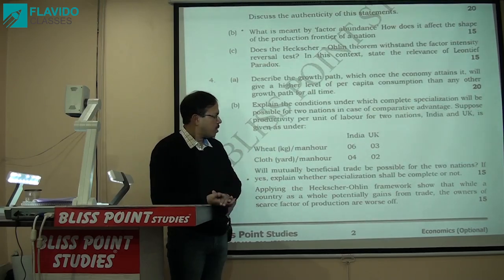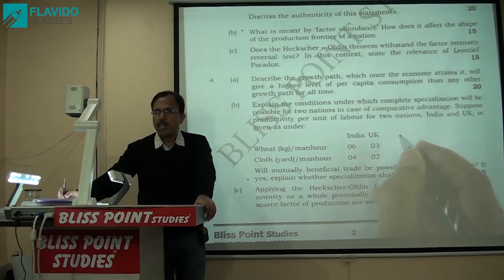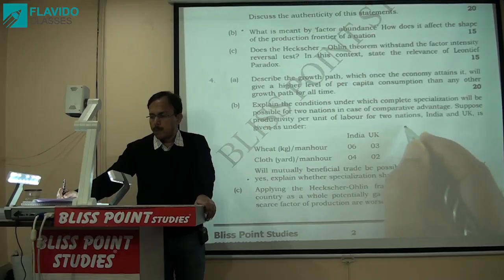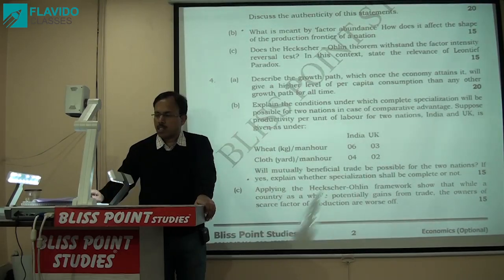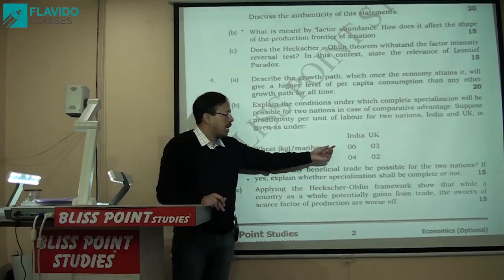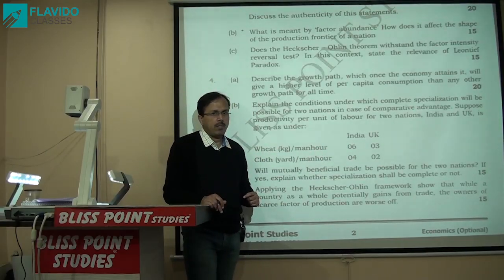So how much is opportunity cost? Exactly what is opportunity cost here? For India and for US, it is weight per man hour given. It is not 6 hours. It is 6 kg of weight produced in 1 hour. So how much is opportunity cost?